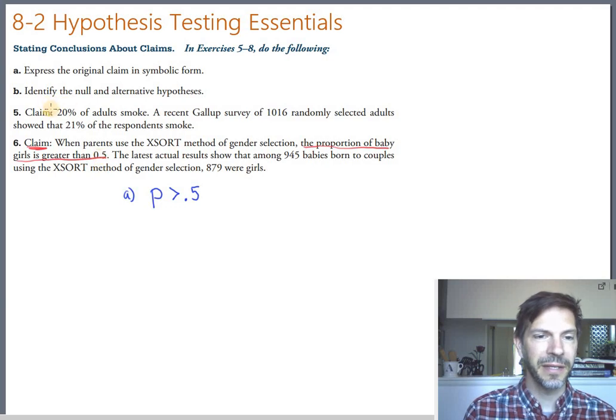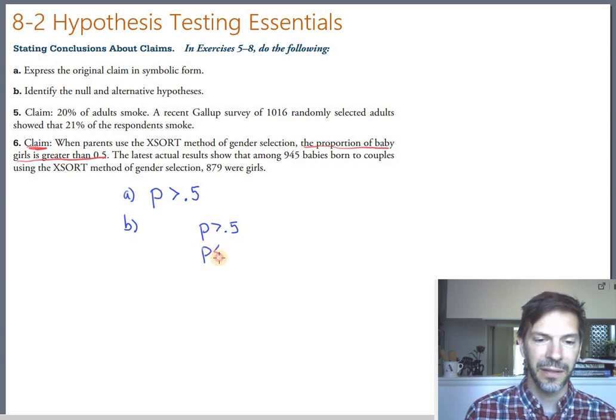Part B says identify the null and alternative hypotheses. So for part B, you have to say, well, one of the hypotheses is the original claim that P is greater than 0.5. The other hypothesis is going to have to be the opposite of that. It's less than or equal to. So either greater than or less than or equal to.